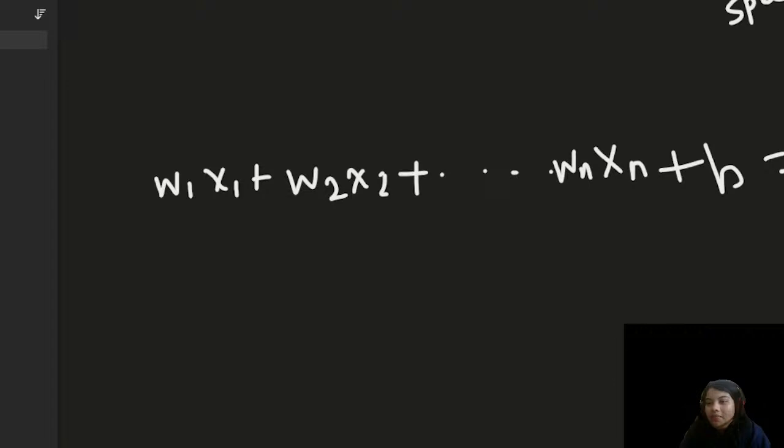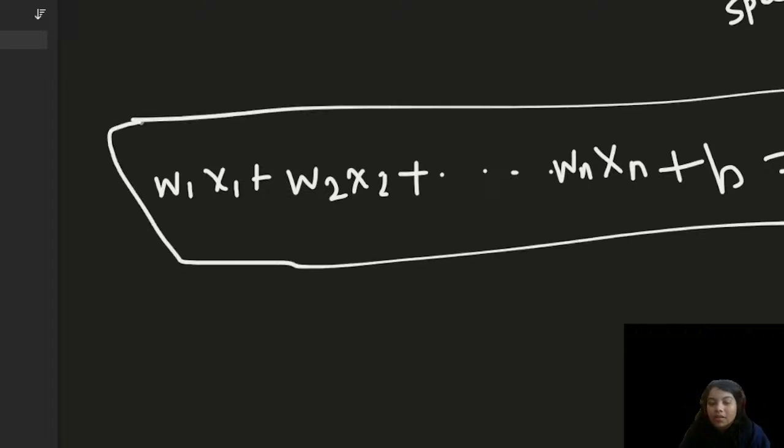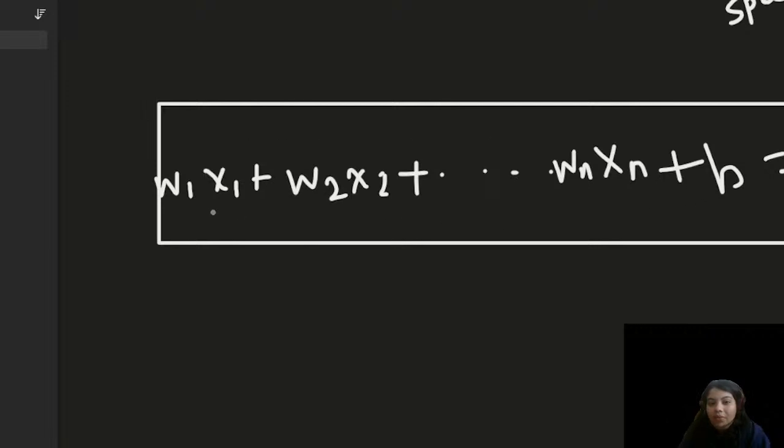So at the end of the day, regardless of how many features we are working on, the concept is the same. We add the weight and the feature equivalent to it, and the bias, and we will get our targeted output. So we can experiment.